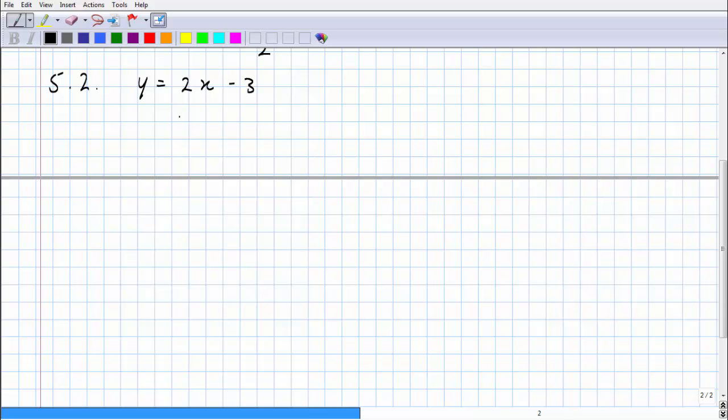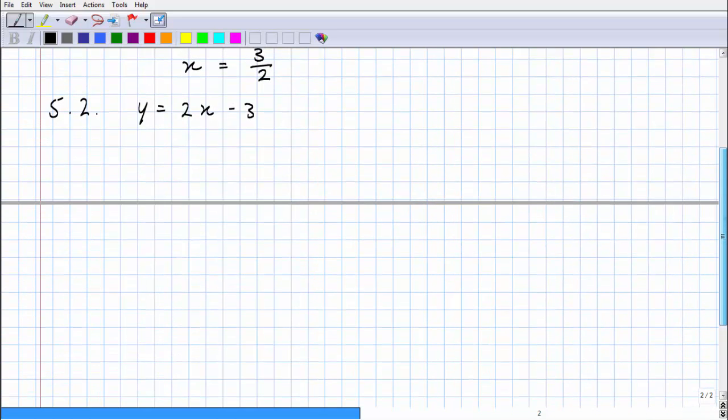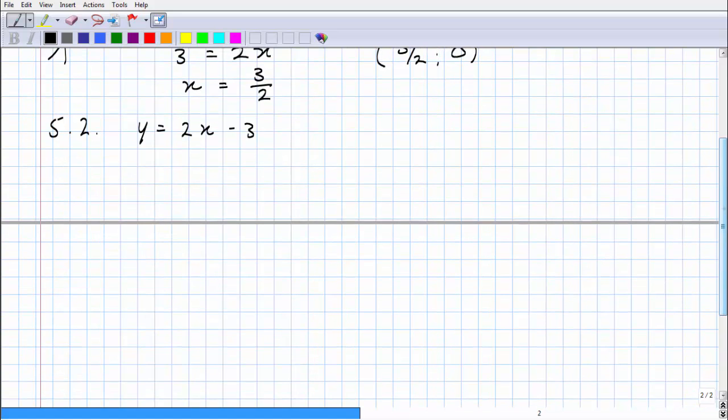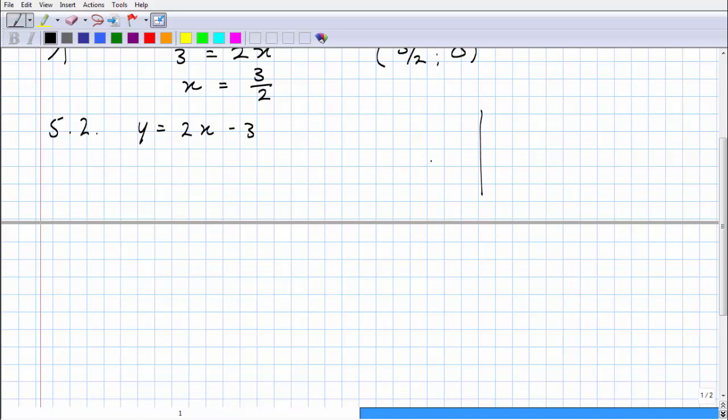So if we do that in this case here, what we're effectively doing when you're finding your inverse is you're flipping it around the line y equals x.